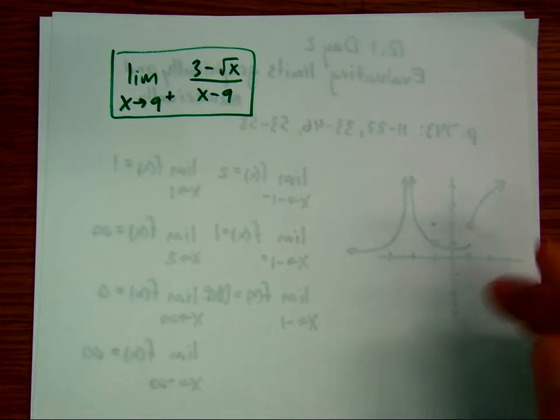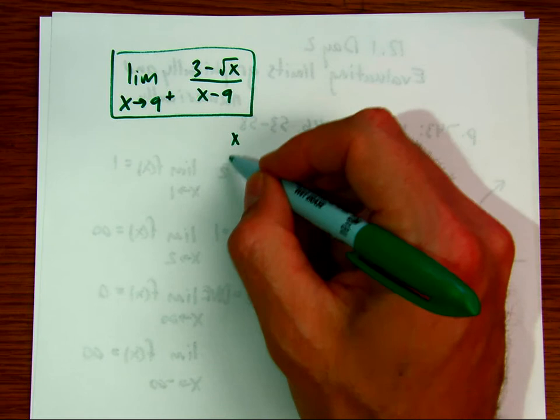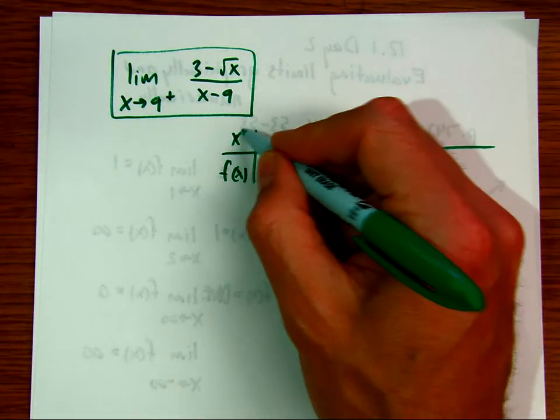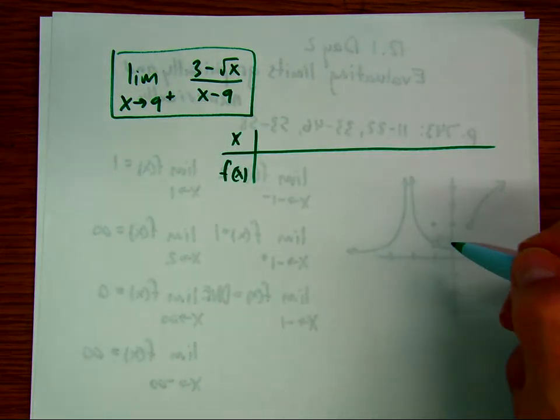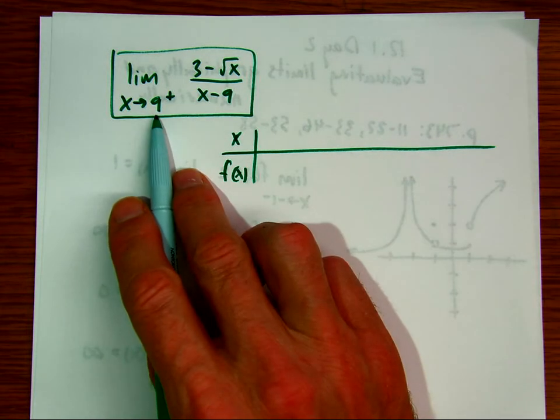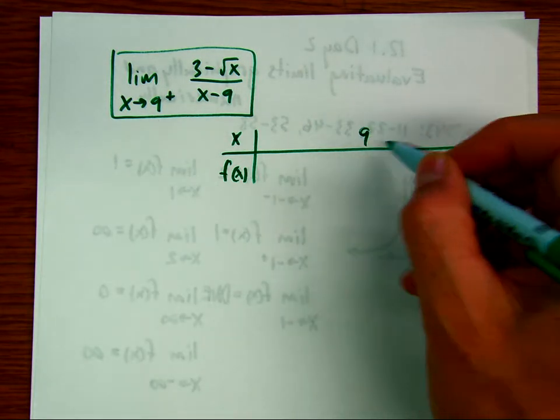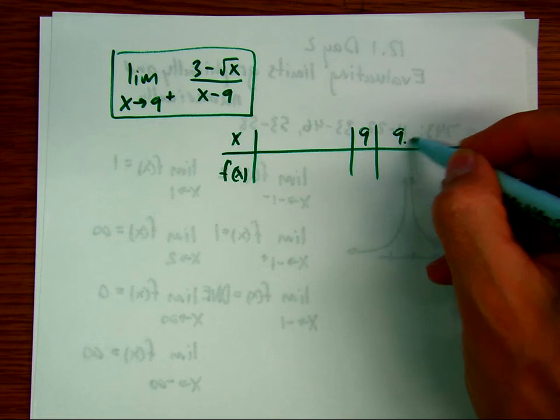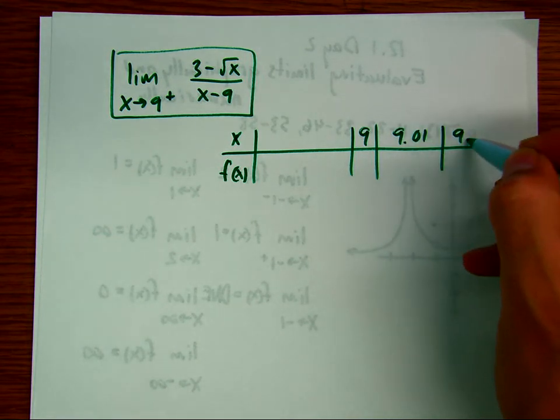And here we'll just look at this numerically. So we're approaching 9, but only from the right. So in the table we would only need to use values over here.